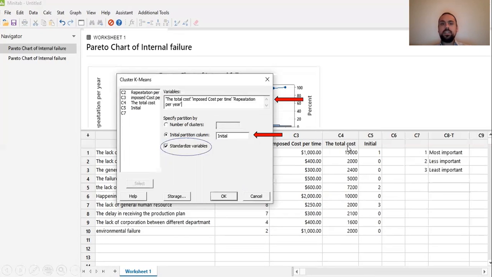It means that if I didn't write initial here, if I select number of clusters and enter 3 here, the Minitab specifies number 1, number 2, and number 3. It means it chooses the first 3 rows and defines number 1 for the first one, number 2 for the second one, and number 3 for the third one. So probably my analysis was wrong.